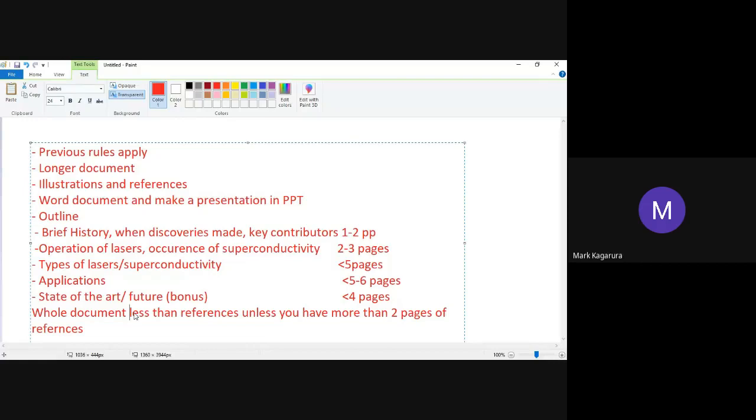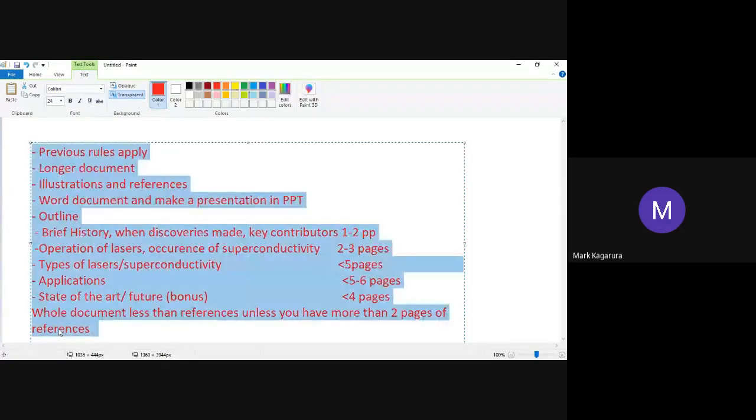So you have a brief table of contents on 1 page, and you can also have the cover page on the same page, but that's really up to you. But the actual content should be less than.